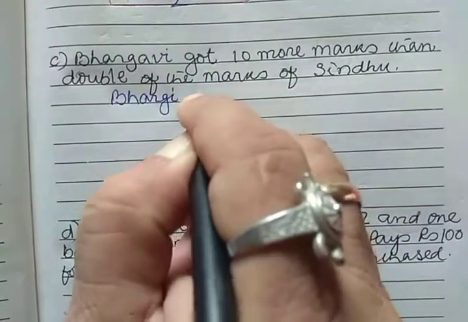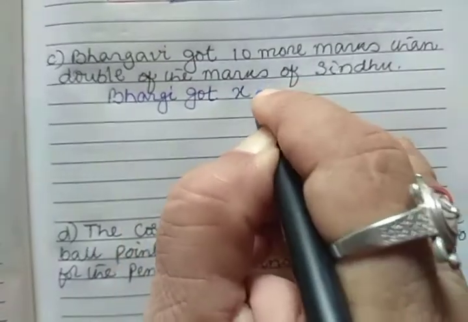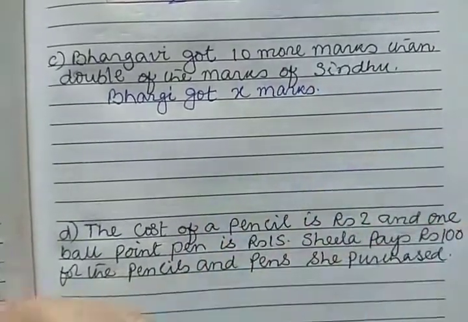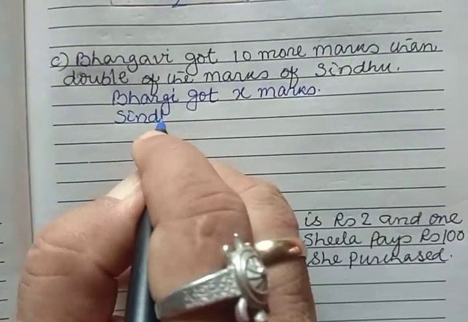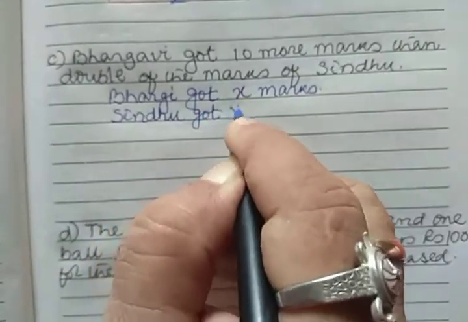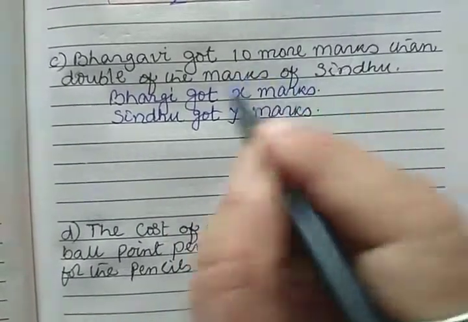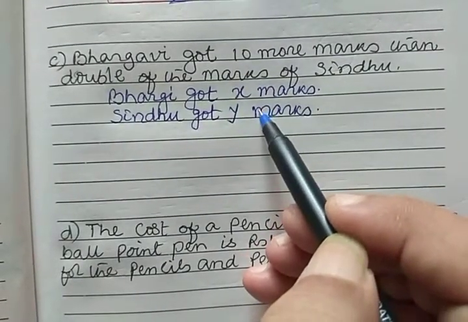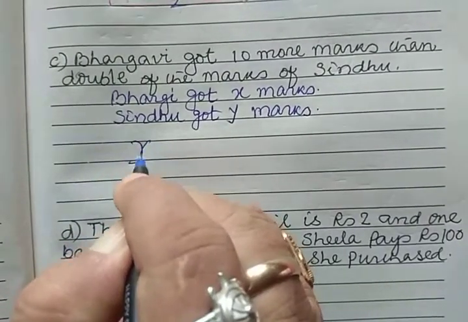Let Bhargavi get x marks and Sindhu get y marks. What is the relationship given? Bhargavi got how many marks? x.